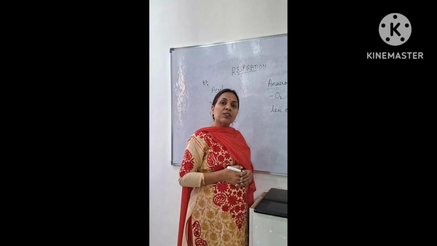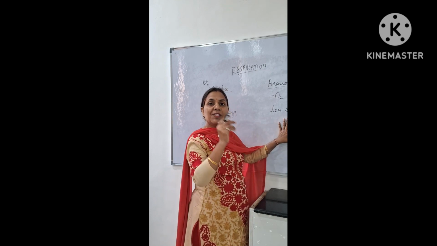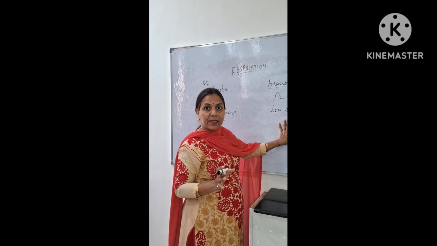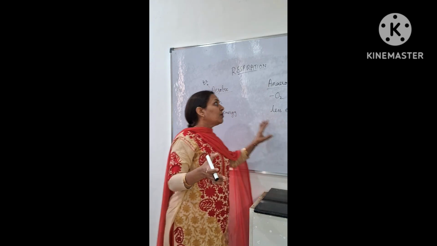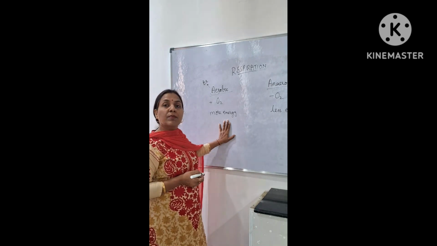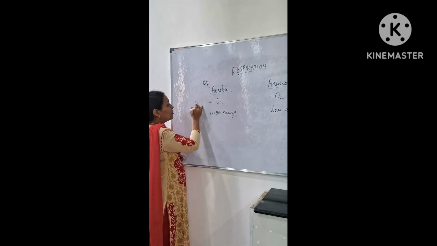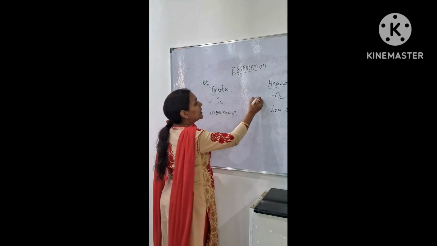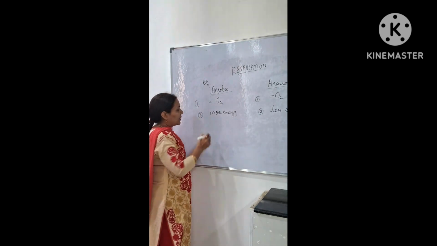When incomplete oxidation of food occurs, it occurs in absence of oxygen. Obviously, it will result in less energy. When the food is broken down completely, it requires oxygen, and at that time more energy will be derived, and therefore the end products which are derived in case of both these types of respiration are also different.